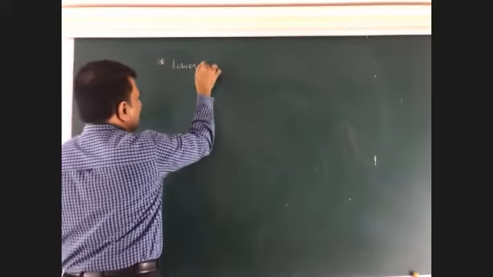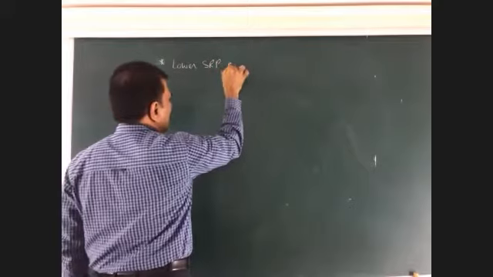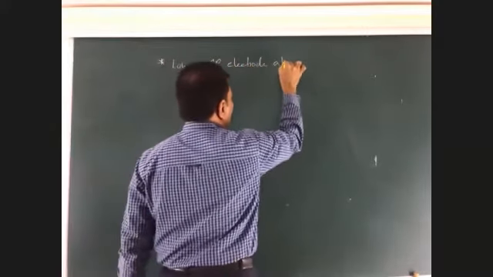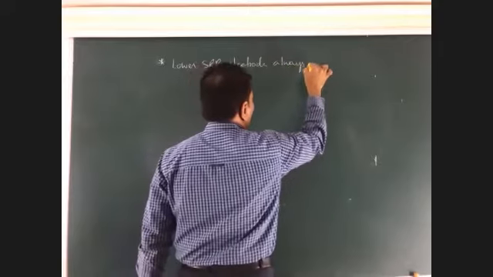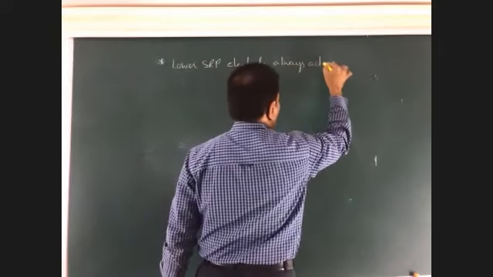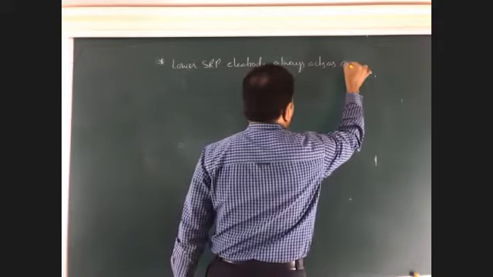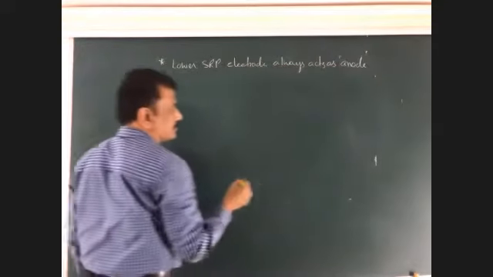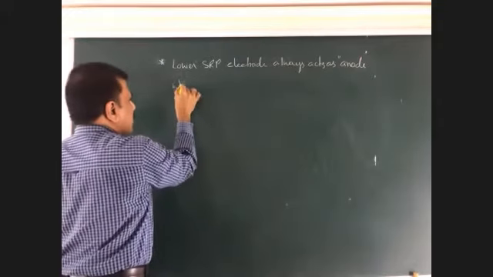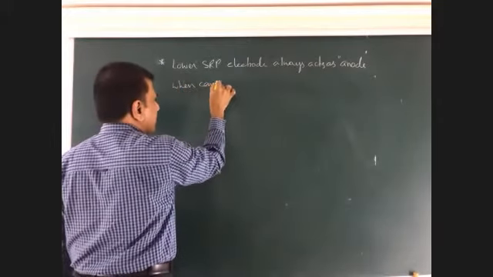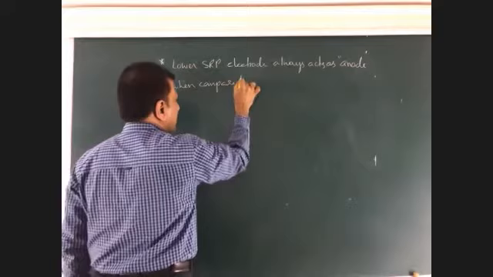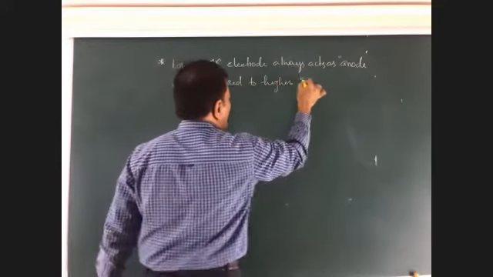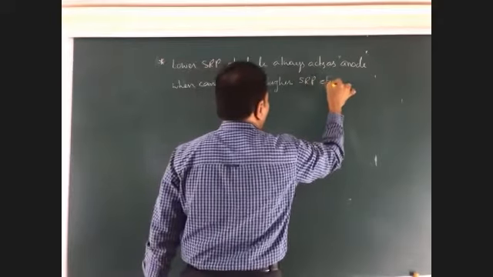Lower SRP electrode always acts as anode, compared to the higher SRP electrode.